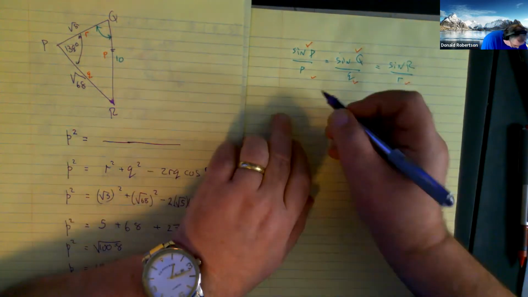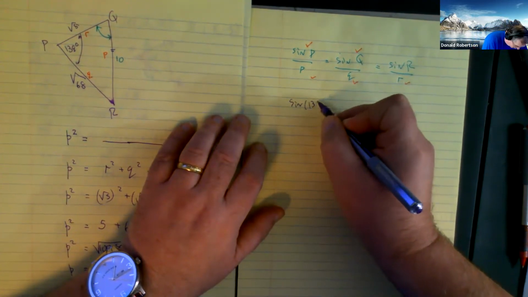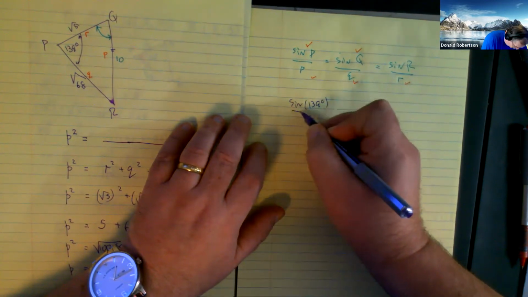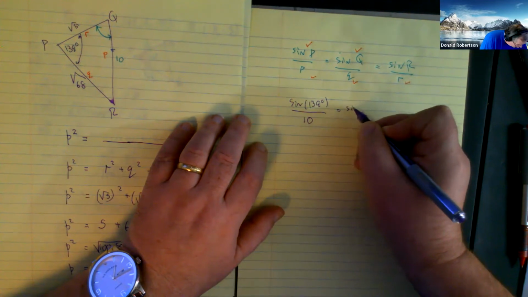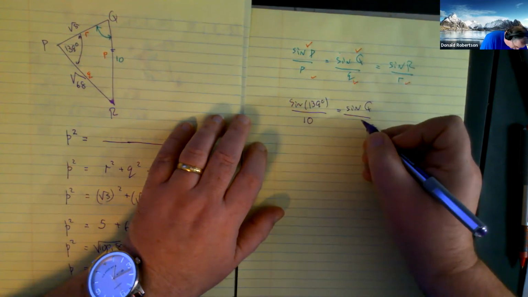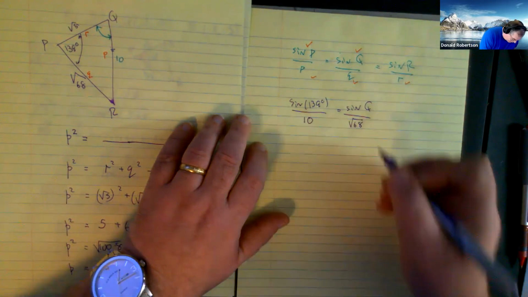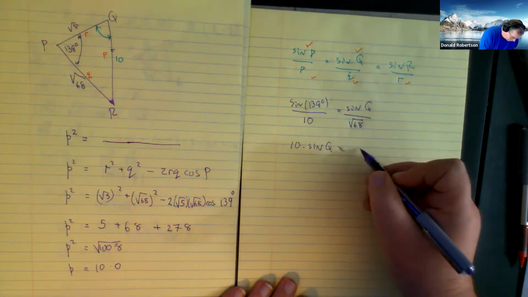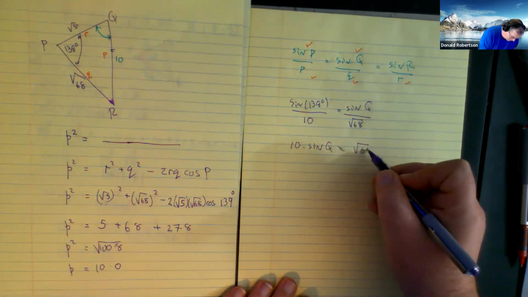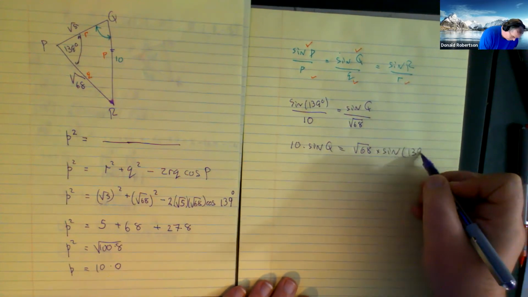So the sine of 139 degrees over little p, which is 10, equals the sine of Q, I don't know who you are, over little q, which is the square root of 68. If I cross multiply, 10 times the sine of Q will be the square root of 68 times the sine of 139 degrees.